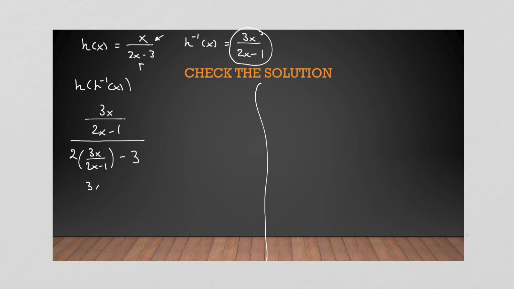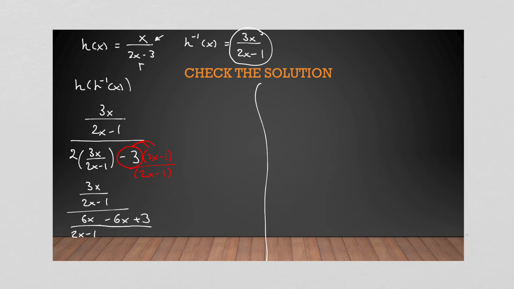So now you have 3x over 2x minus 1 all over 6x over 2x minus 1. And now at the same time, I'm going to need a common denominator. So I'm going to multiply 2x minus 1 by 2x minus 1, and I'm going to multiply this negative 3 into there. So I get minus 6x plus 3, and then it's all over the same denominator, 2x minus 1.